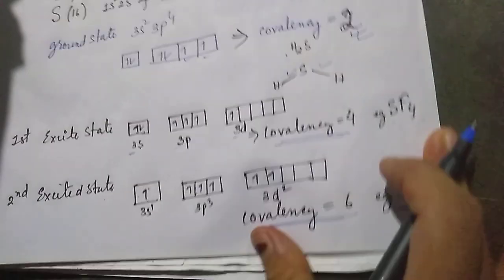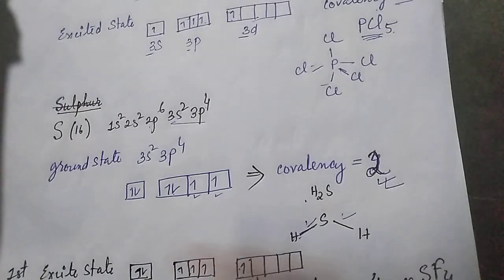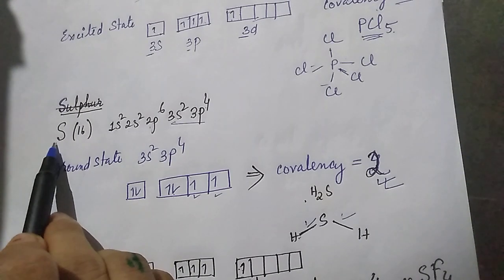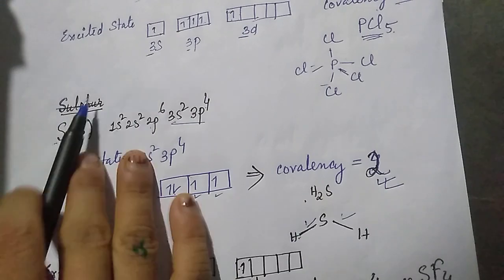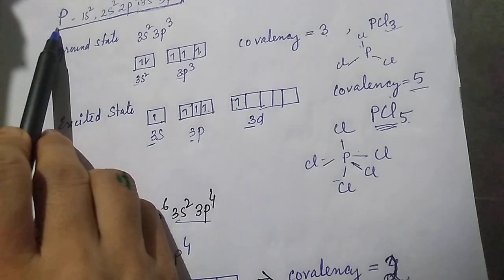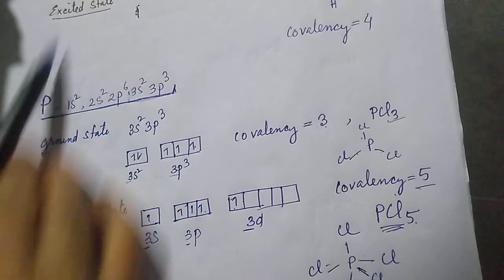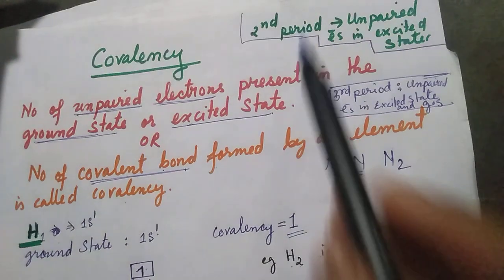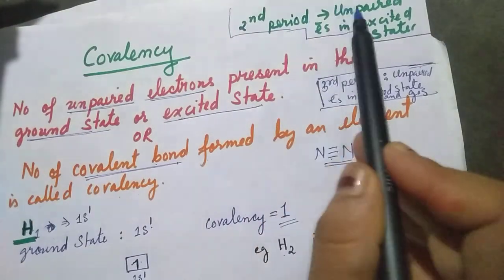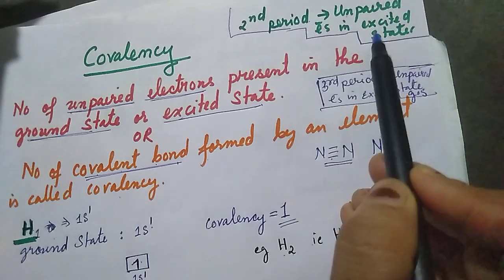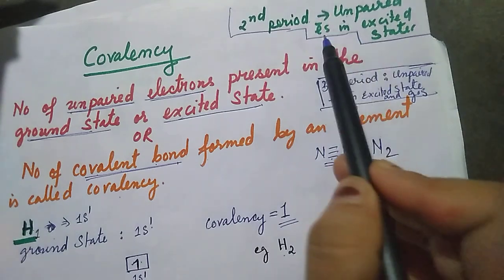Okay, so what are we talking about here? Third series element, that means third period. This is also about third period, and this is about second period. When we talk about the second period elements, the unpaired electrons in the excited state are considered to be the covalency.